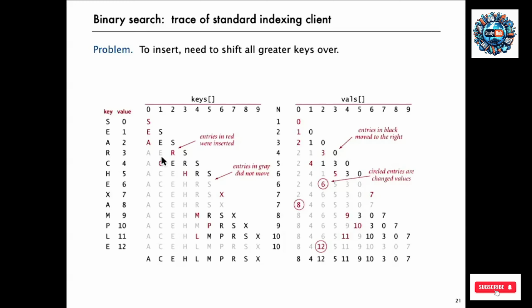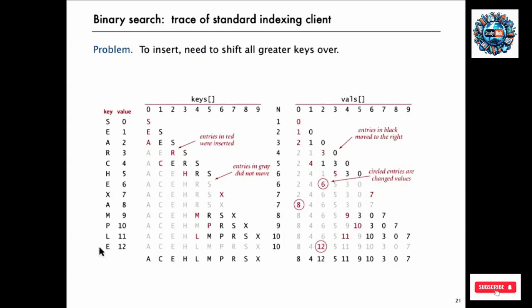So if the table has A, E, R, and S, and we have to insert the value C, then we have to move the E, R, and S over one position to put the C, and then put the value associated with C. You have to do the same thing in the vals array: move all the values associated with those keys over one position, and put the associated value in. So this is a trace of what would happen for our trace. And again, every insertion involves making a new position by moving all the larger keys over one position. Do the same thing in the vals array.